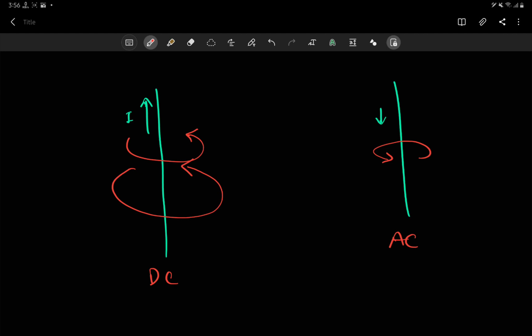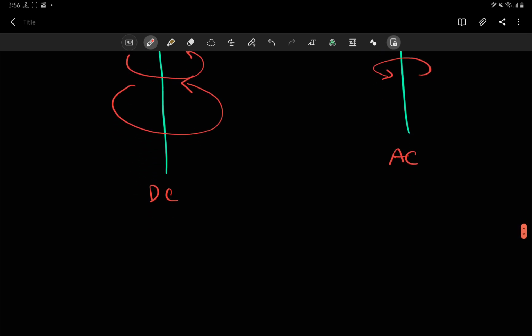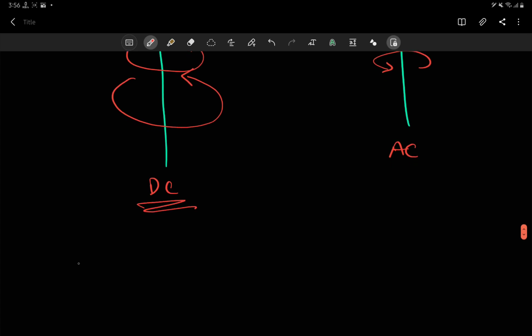And if you can remember, a changing magnetic field actually induces electric current. So in DC, what happens is that you have electricity, and that gets converted into magnetism.